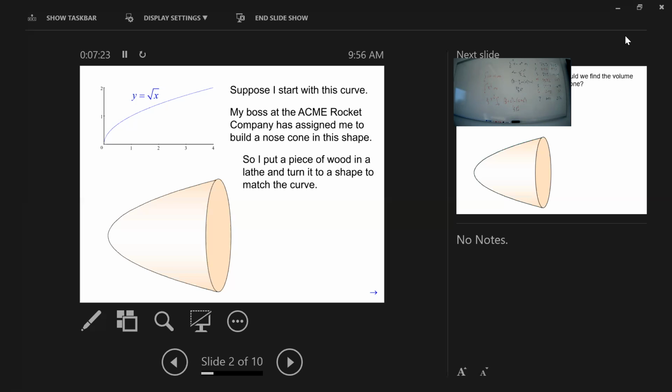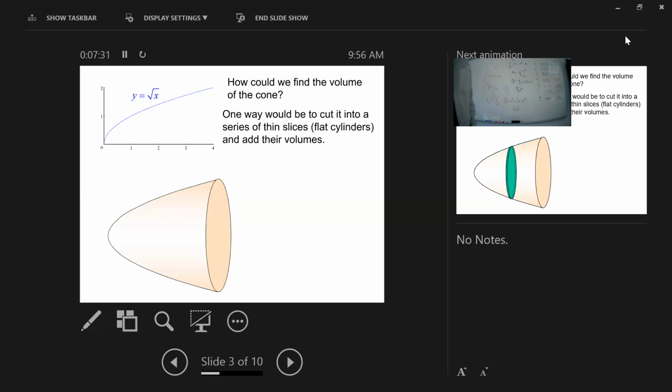Area between curves. So now what are we going to do? The volume of the cone. So we're going to have this cross section. Now in the top picture, it looks just like what we did for the area. In the top picture, we're saying height times width, add them up.